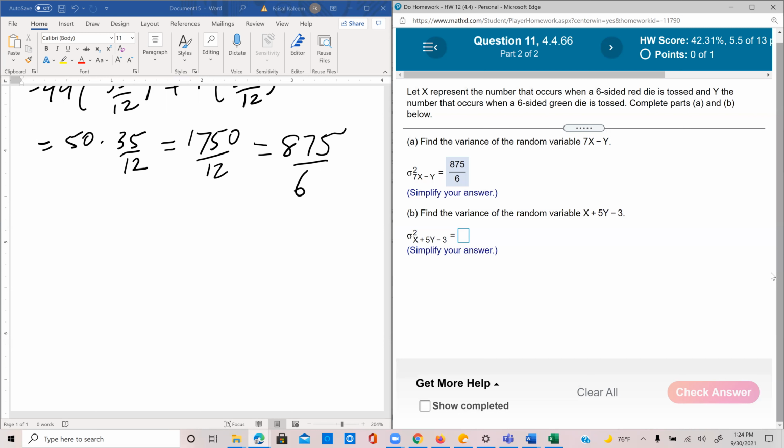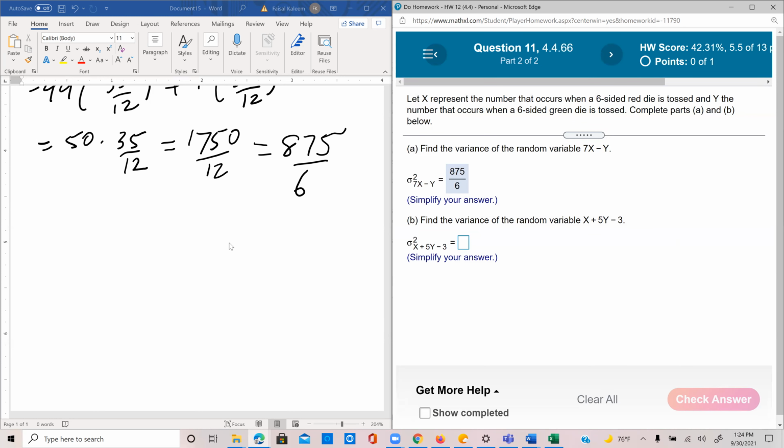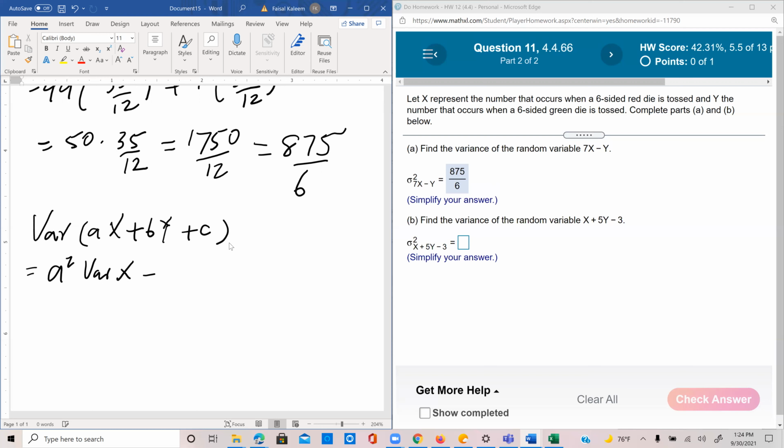Okay, now we want variance of X plus 5Y minus 3. So remember that the formula that we used was that variance of aX plus bY plus c is equal to a square variance X plus b square variance Y. And remember, we also have this term 2ab covariance XY.